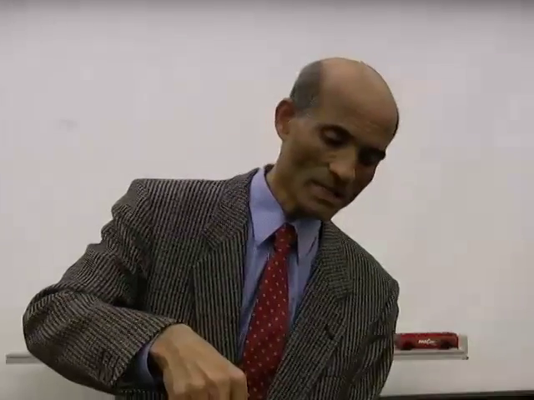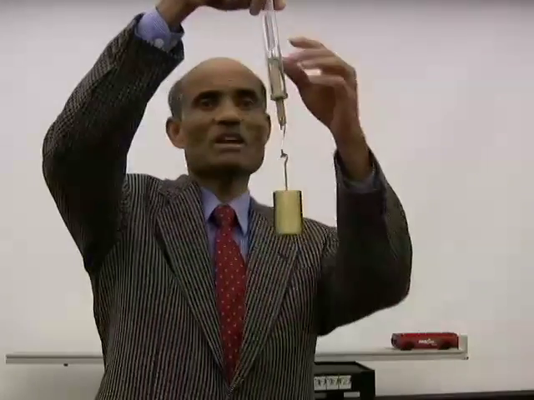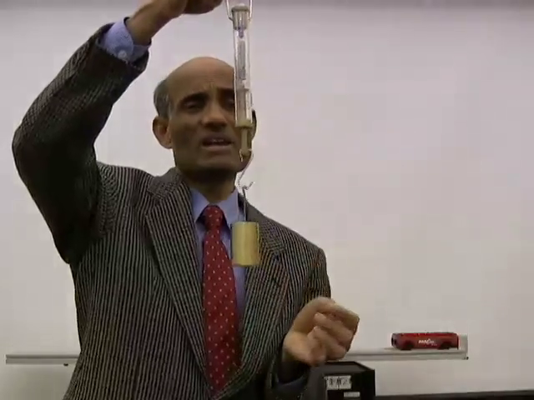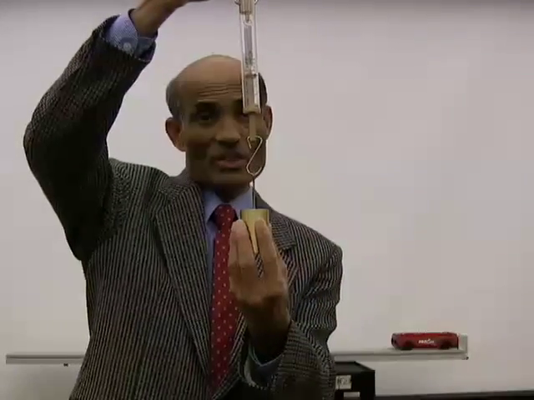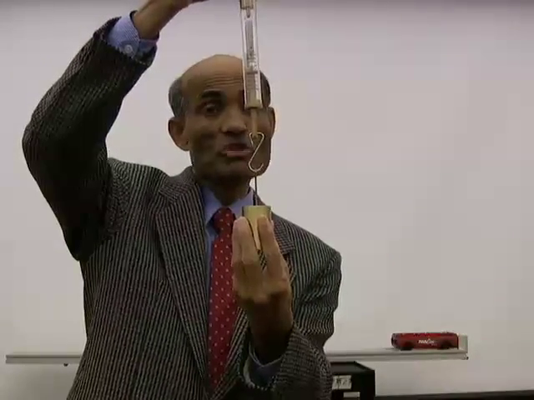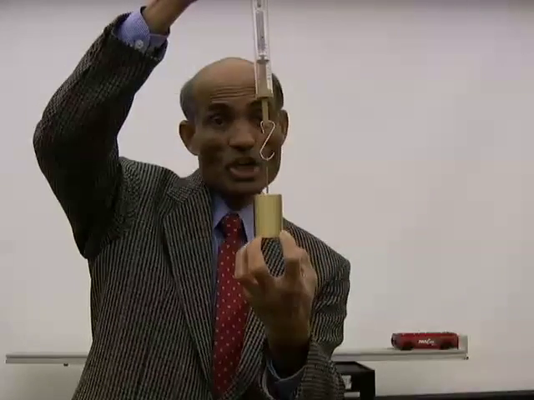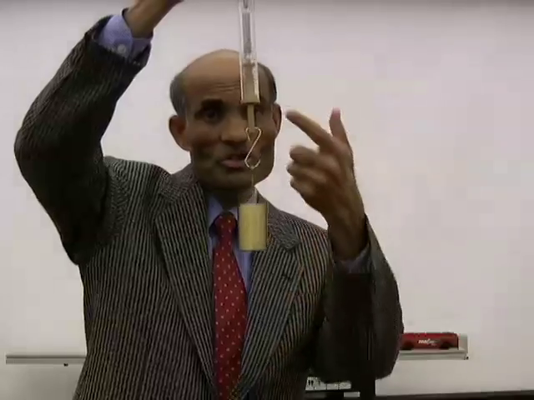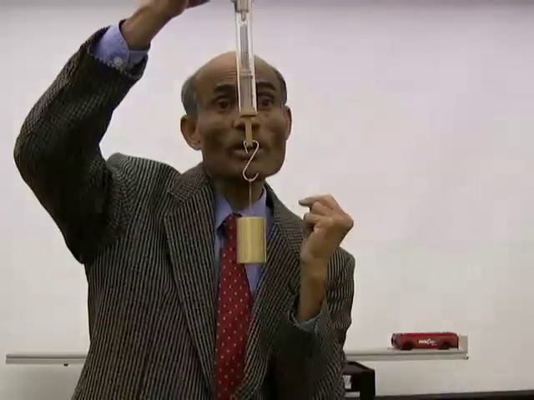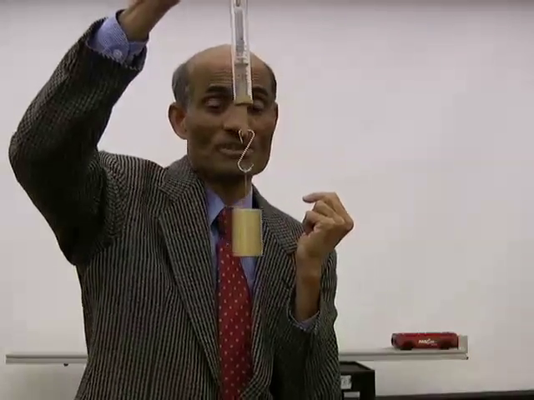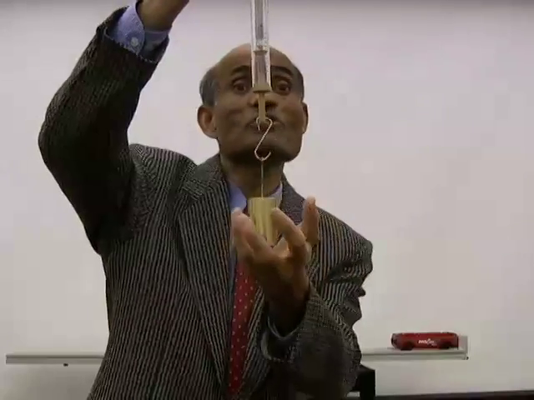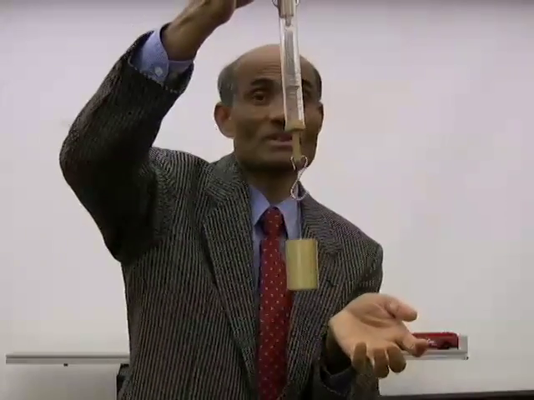Now, when I take this mass on the scale here, this mass now has no unbalanced force. It has a force, the earth is pulling it with a force, and I'm holding it with the same force. Now, there is no unbalanced force.